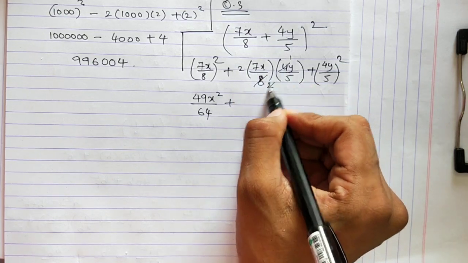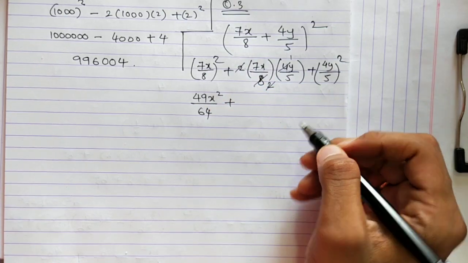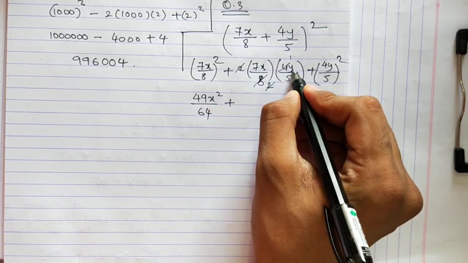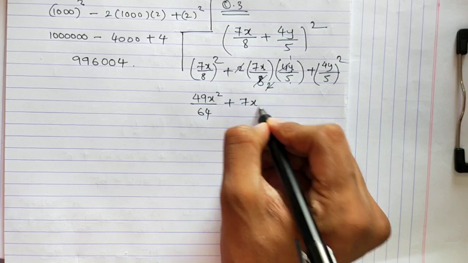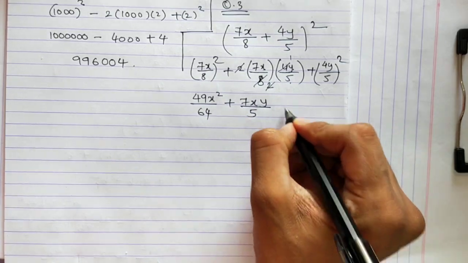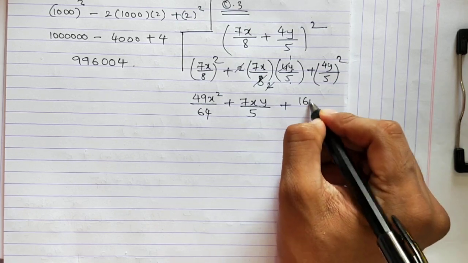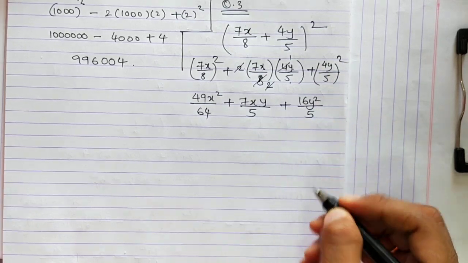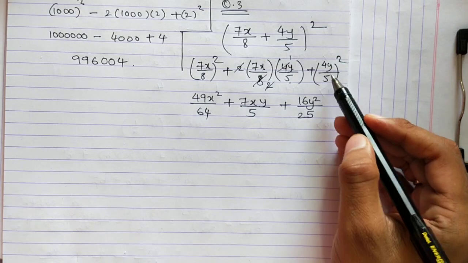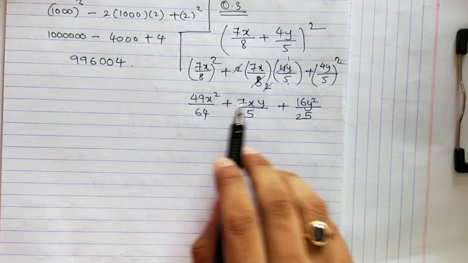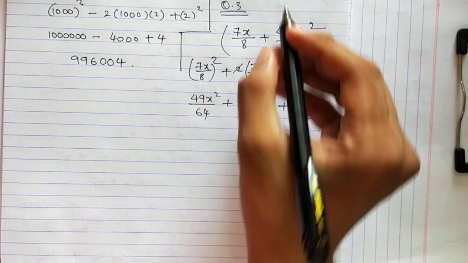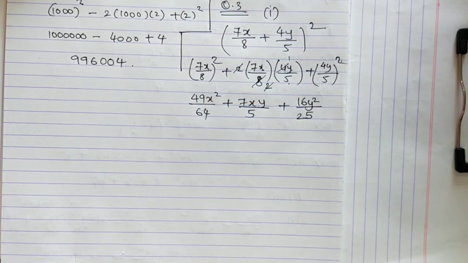4 ones are 4 twos are, this 2 and this 2 will get cancelled. So what will remain here? 7xy upon 5 plus 4y the whole square is 16y square upon 25, because 5 square is 25. This is the answer. This was the first sub question in question number 3.